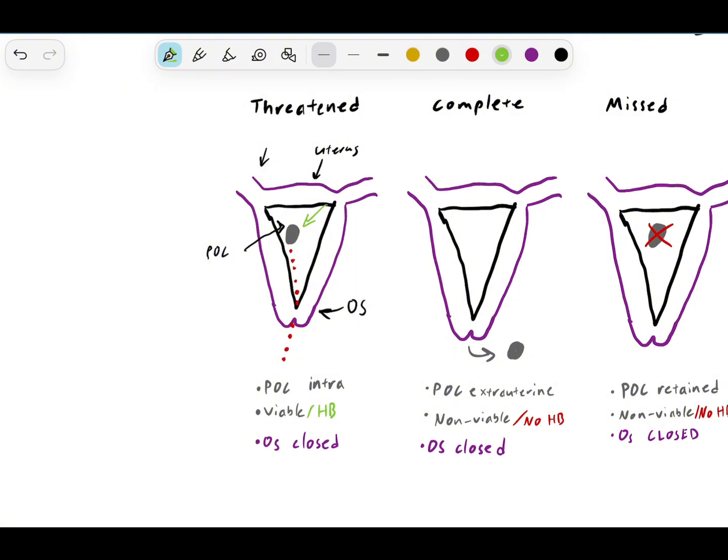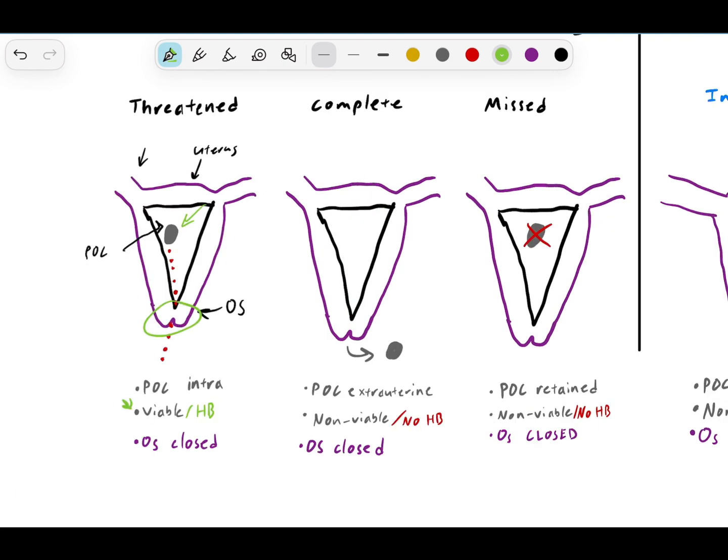The fetus is still viable, which basically means that if you performed a pelvic ultrasound, you would see a fetal heartbeat. And importantly, the cervical os remains closed. In a threatened miscarriage, that does not necessarily mean the pregnancy will not be successful. It just means, like the name points out, that a miscarriage is threatened.